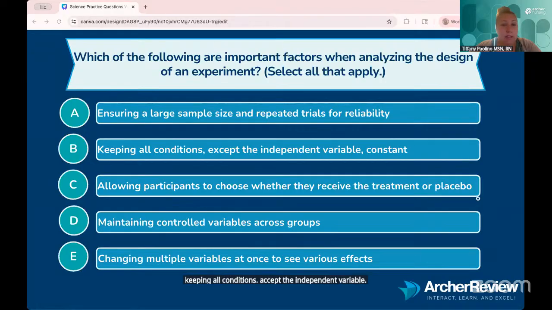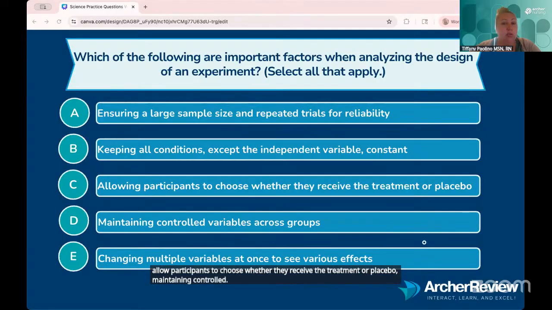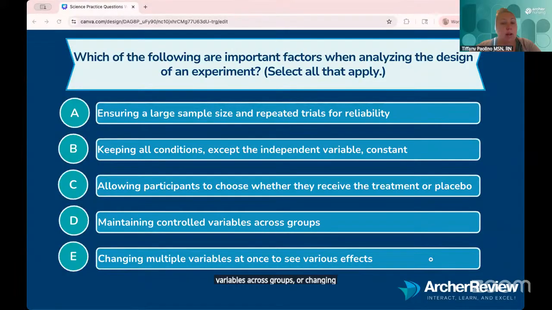Allow participants to choose whether they receive the treatment or placebo. Maintaining controlled variables across groups or changing multiple variables at once to see various effects. So there are multiple answers here. What do we think?